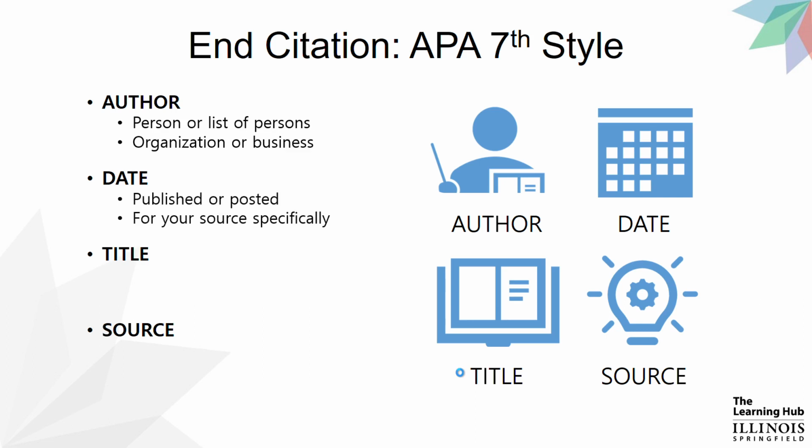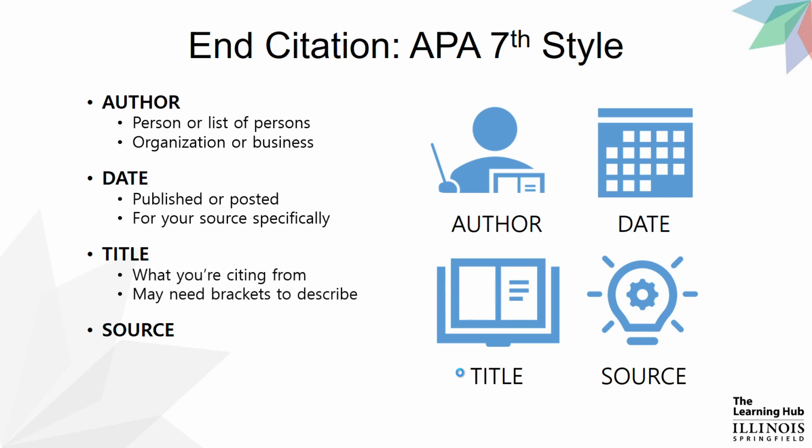The date would include the date published or posted. So not just the date for the entire website that you can find at the bottom of the page by the copyright symbol. We're talking about the date that your source specifically was posted or last updated in particular.